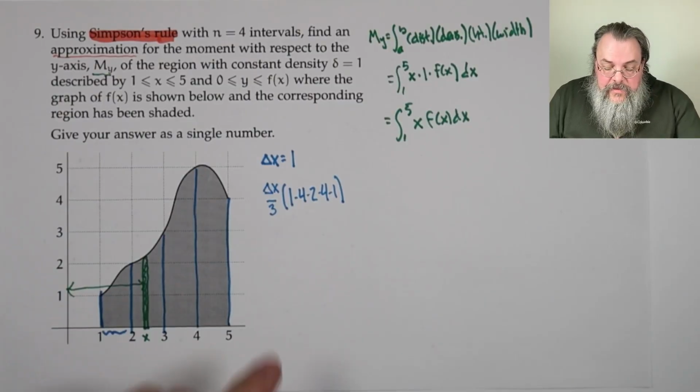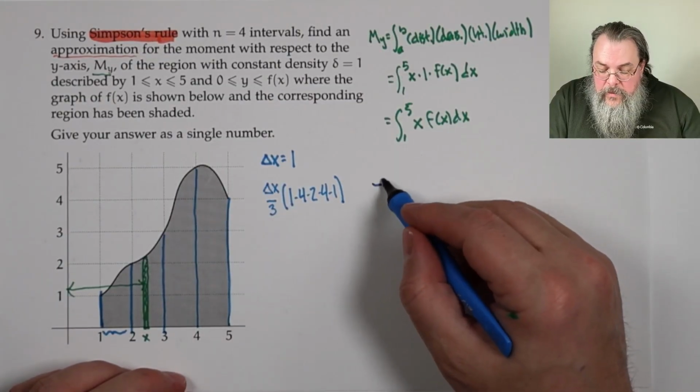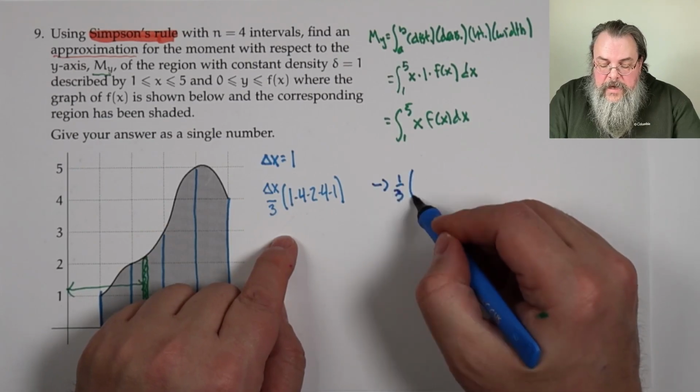So what that tells us is we're going to take delta x over 3, and in our case, delta x is 1, so it's 1/3. And now we have these coefficients.